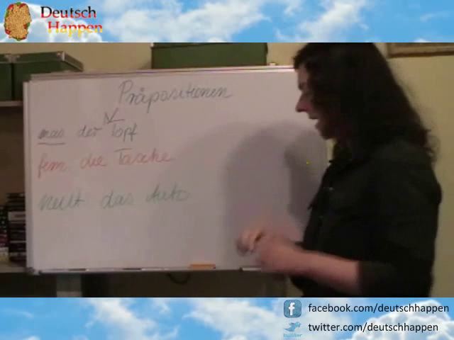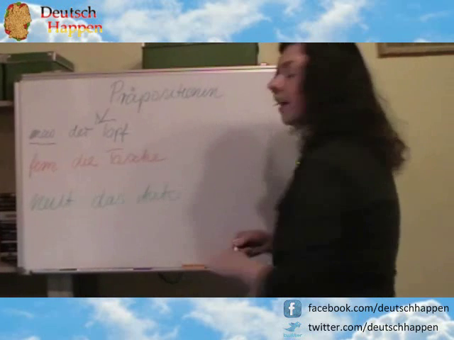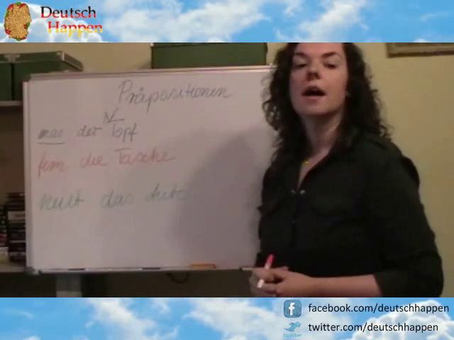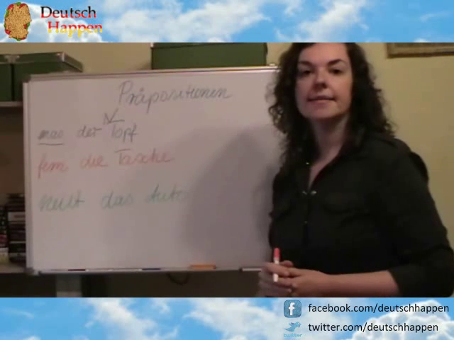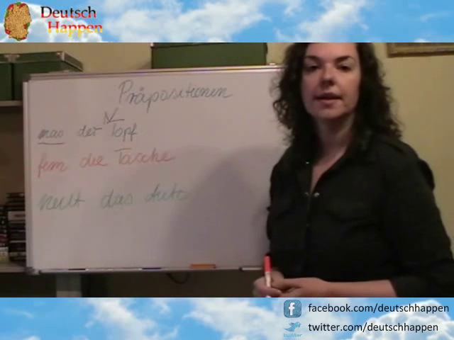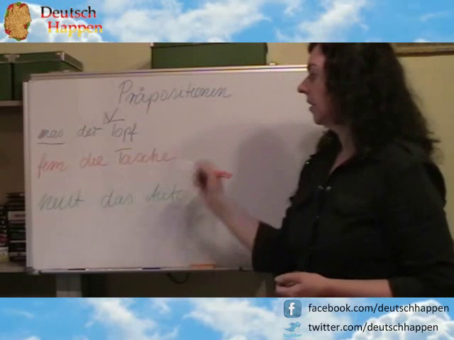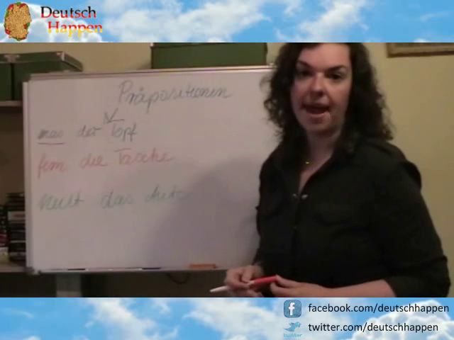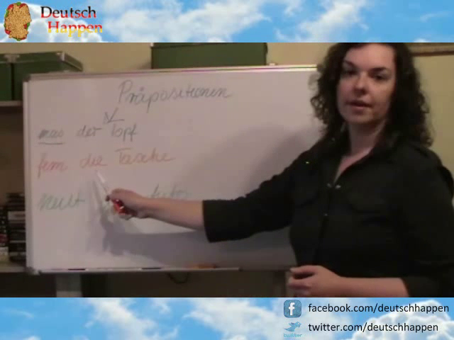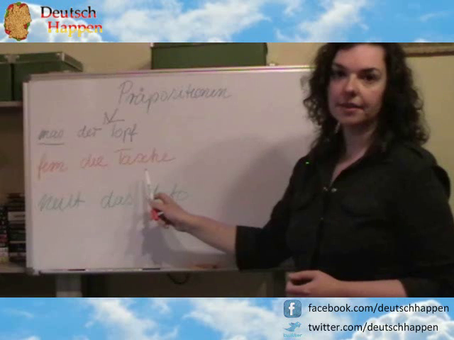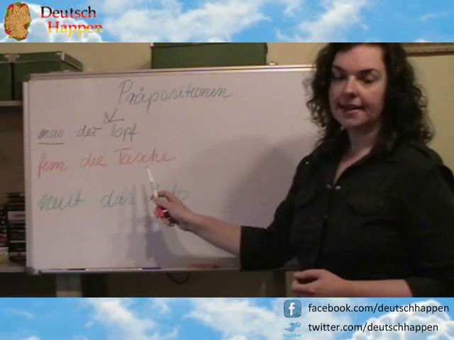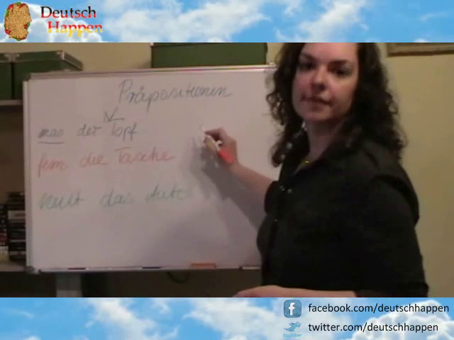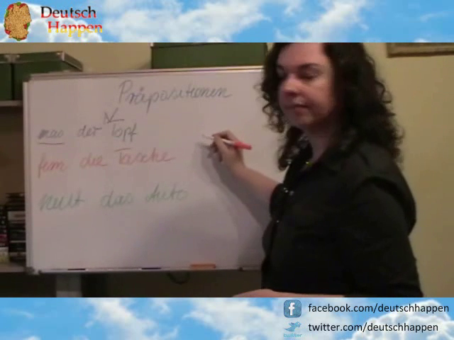Right, next one, feminine. Let's say he has his cell phone in his pocket, or she has her cell phone in her handbag. I use for both the word die Tasche in German, and let's say the cell phone is in the bag.